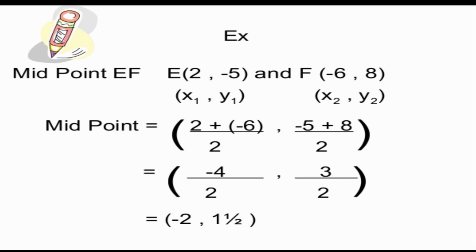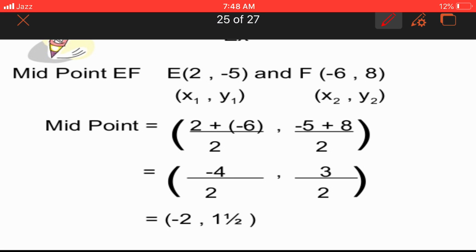Here is an example of midpoint. If we have two points, E (2, 5), this one is your first point, and F (-6, 8), this one is your second point. We just take the values x1, y1 and x2, y2 and put them in the formula: x1 plus x2 divided by 2, that is 2 plus (-6), because we have two signs, so we use parentheses, divided by 2, and then y1 plus y2, where y1 is 5 and y2 is 8.